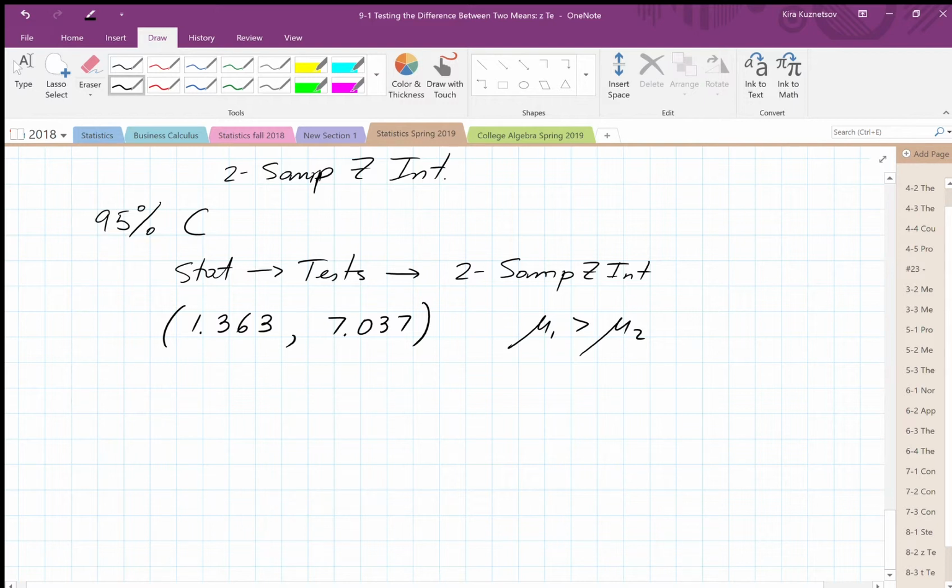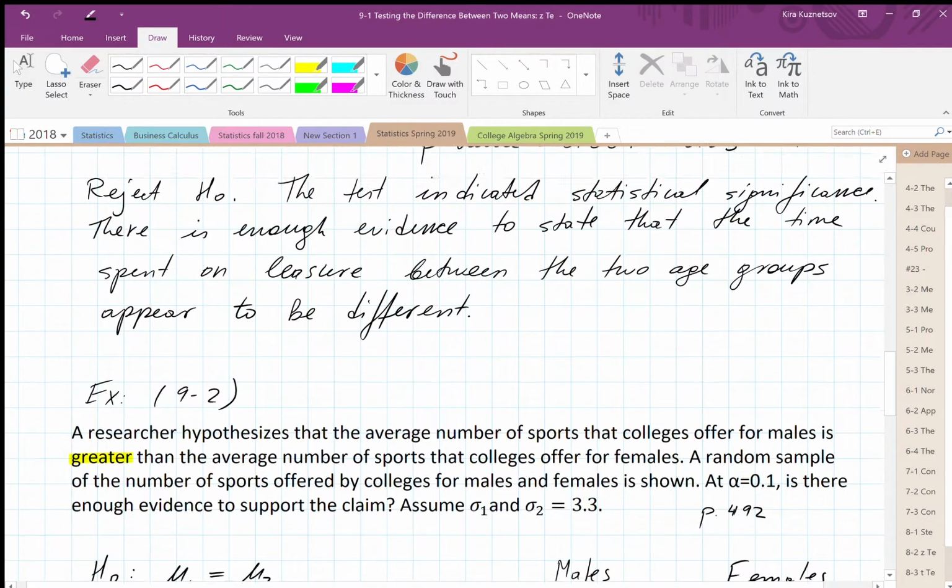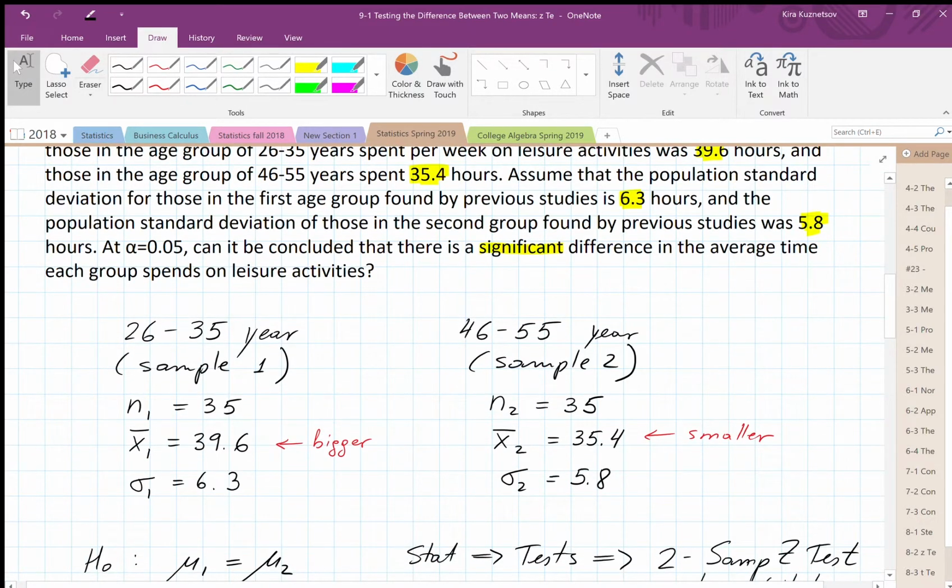So this is what this tells me: that we did find a significant difference between the two samples. In particular, whatever I called sample 1 spends more time on leisure activity than whatever I called sample 2. So for that, I have to go back to my example, and it says that 26 to 35-year-olds spend more time on leisure activities than the 46 to 55-year-olds.